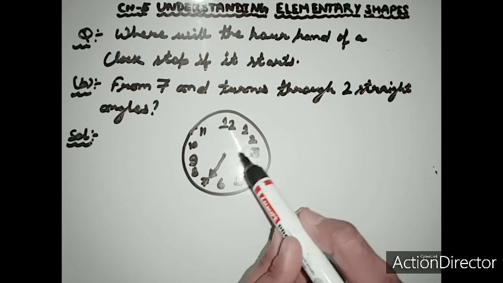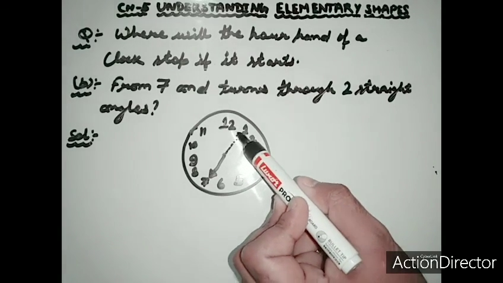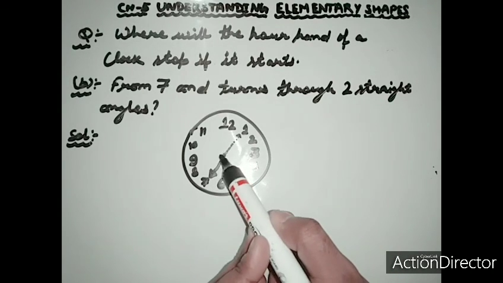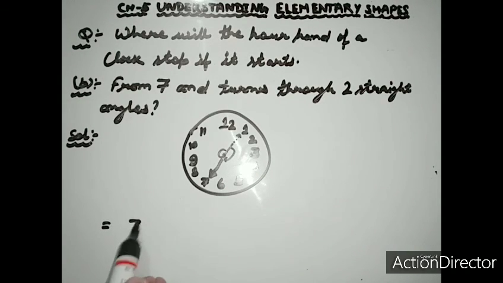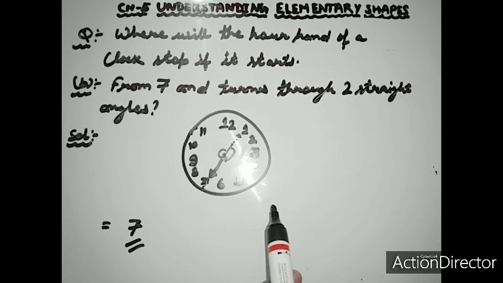It means it moves from 7 to 1, and 1 to 7 again. That means a total of 360 degrees, right? It reaches its initial position again, which is 7. So the hand of the clock stops at 7, right? Dear students, I also give these types of questions in your worksheet, so you solve these questions by yourself.